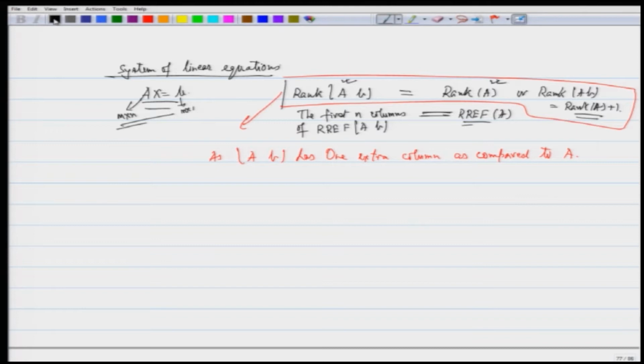So, the rank of A, that is the rank of the coefficient matrix, can be either equal to the rank of the augmented matrix.